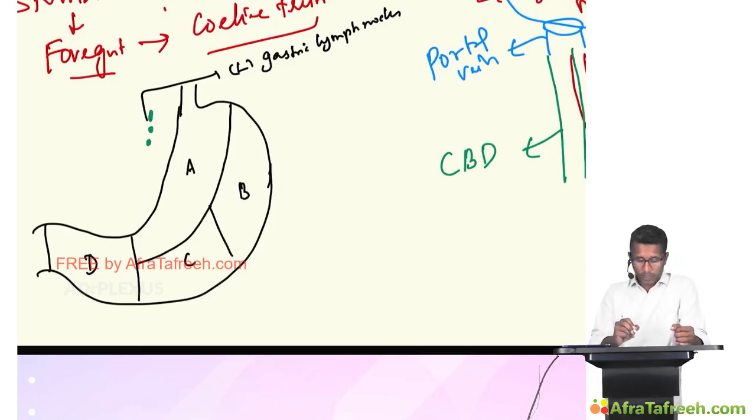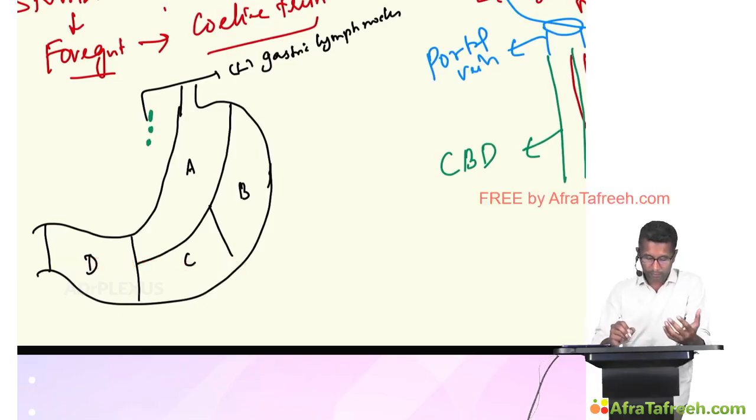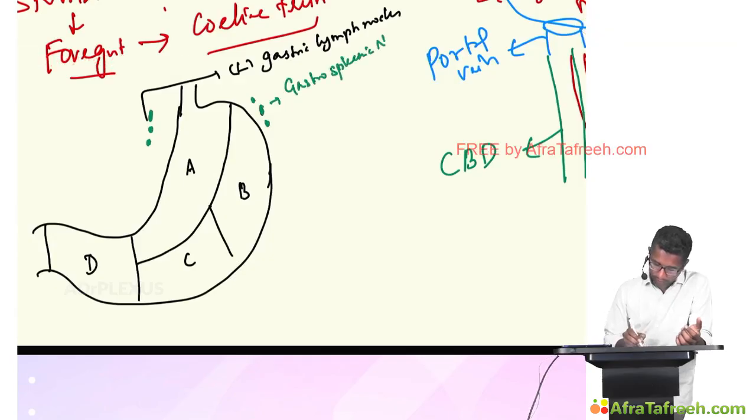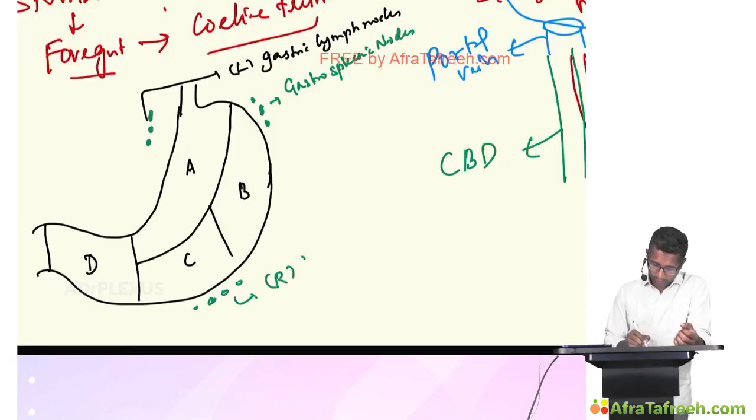Lying between the stomach and the pancreas is the group of lymph nodes along the greater curvature, called the gastrosplenic lymph nodes. And the lymph nodes you see along the greater curvature on the lower side are called the right gastroepiploic nodes.